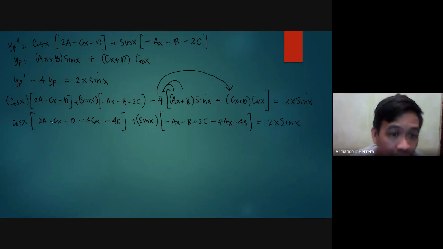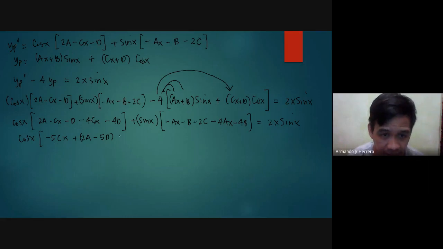Okay. Combine like terms first here. So we have cosine of x times negative 5cx plus 2a minus 5d. This negative cx and negative 4cx is negative 5cx.